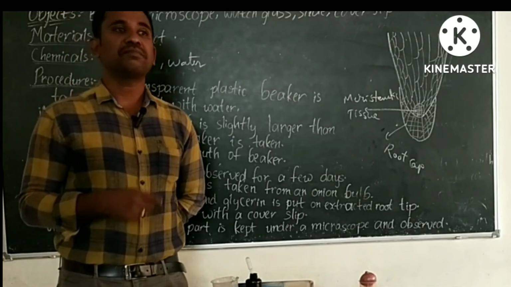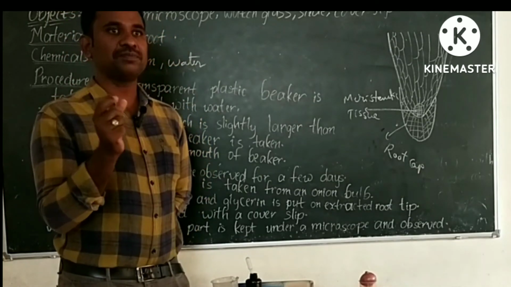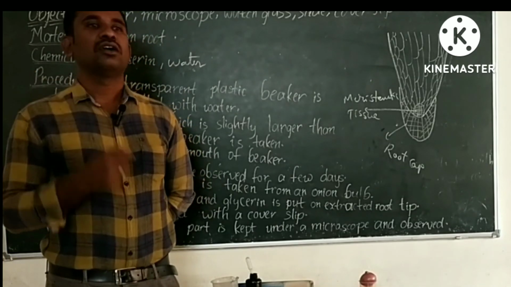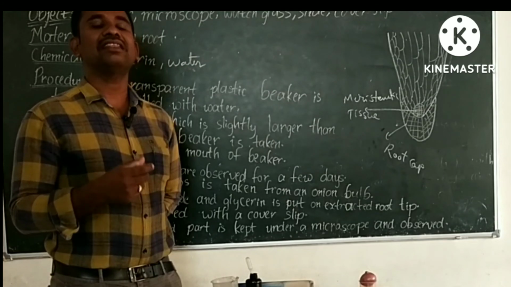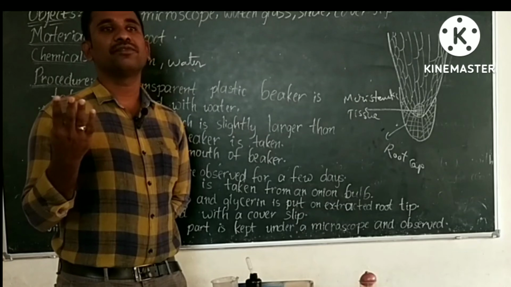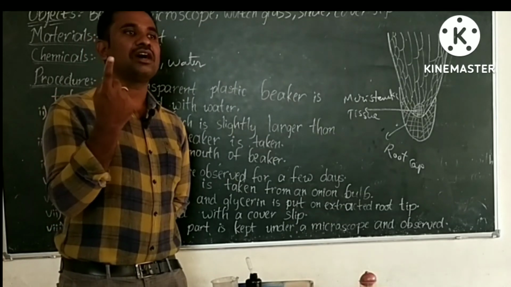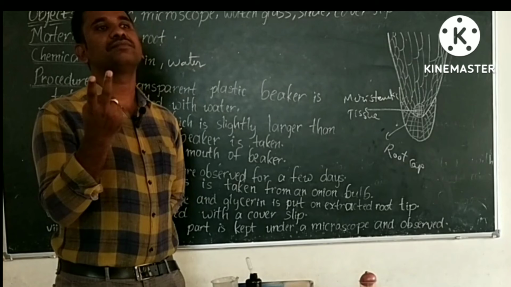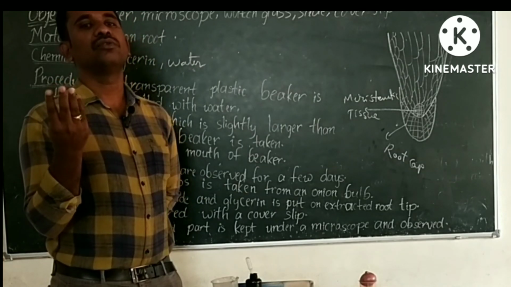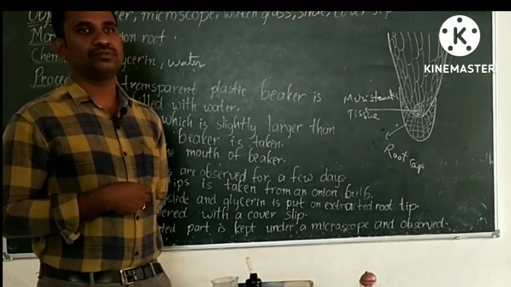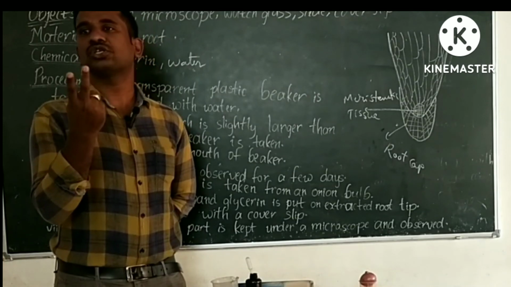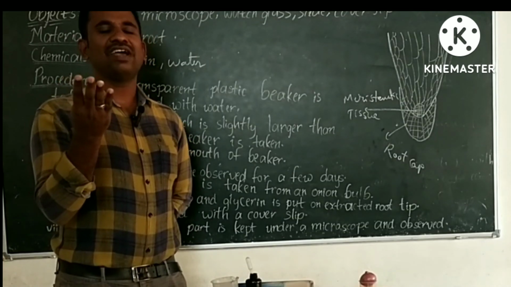Mainly, plant tissues are of four types. First, dermal tissue; next, meristematic tissue; third, ground tissue; fourth, vascular tissue. Don't forget.